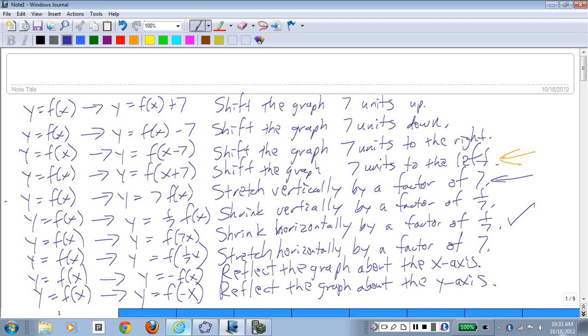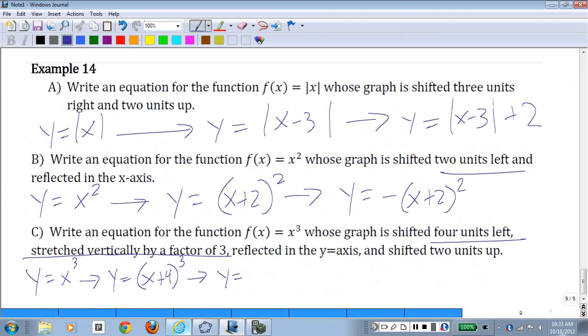So multiply the right-hand side by what? Vertical stretch affects the y, so it's exactly what we would think. If we want to stretch vertically by a factor of 3, we multiply the right-hand side by 3. And the y coordinates will be 3 times as great as they were originally.